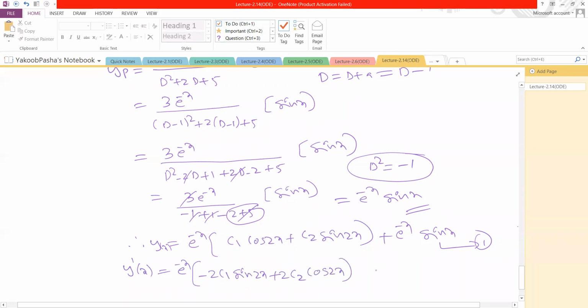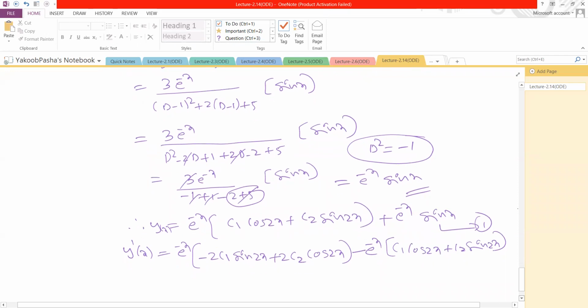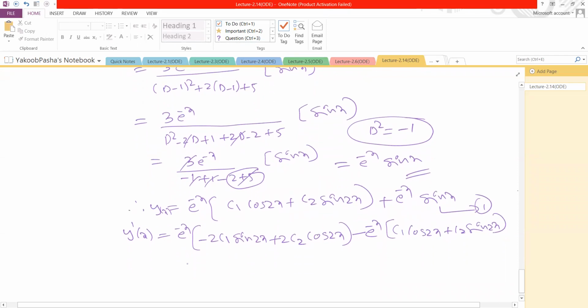Then minus e^(-x), the derivative of e^(-x), times c1 cos 2x + c2 sin 2x. And for the second term, again the UV formula: e^(-x) into the derivative of sin x, cos x, plus sin x into -e^(-x). This is y dash of x, equation number 2.